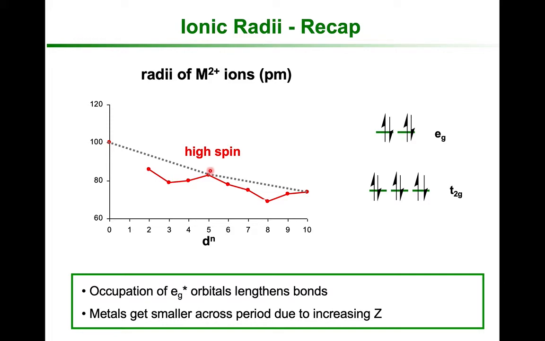Here we have 2, and here we have 4. Along this set, if we compare d0, d5, and d10, the overall trend is that the bonds get shorter. However, occupying the eg set leads to a lengthening of the bond.